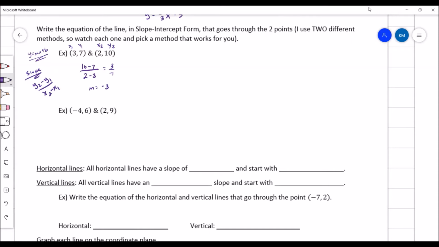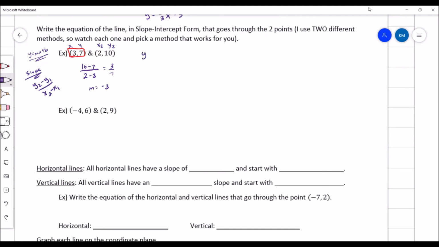This first time I'm using y equals mx plus b. So what I'll do from here is take my value m and one of these points, plug it into this formula, and then solve for b. I'm going to use the point 3, 7. It doesn't matter which one you use, but that's the one I'm going to use.